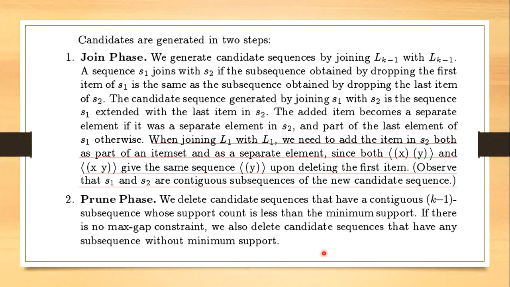The GSP algorithm has certain constraints to follow, but in this video we are not considering all those constraints. We are just following how to extract the frequent sequences in this algorithm without any constraints. That is why there are definitions of contiguous subsequence, max gap constraint and so on, but we are not considering any constraint in this video.